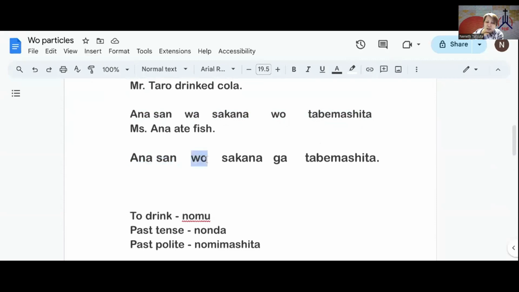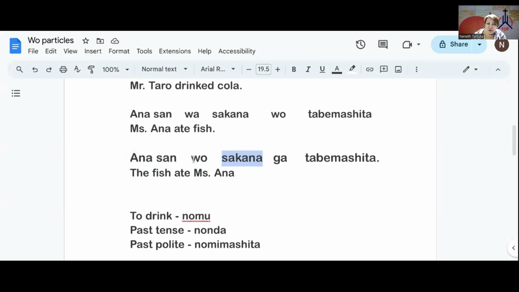Wo here is the object marker after the sakana. So it means here, the fish ate Miss Anna. Because your object now here is Anna, not anymore the sakana.